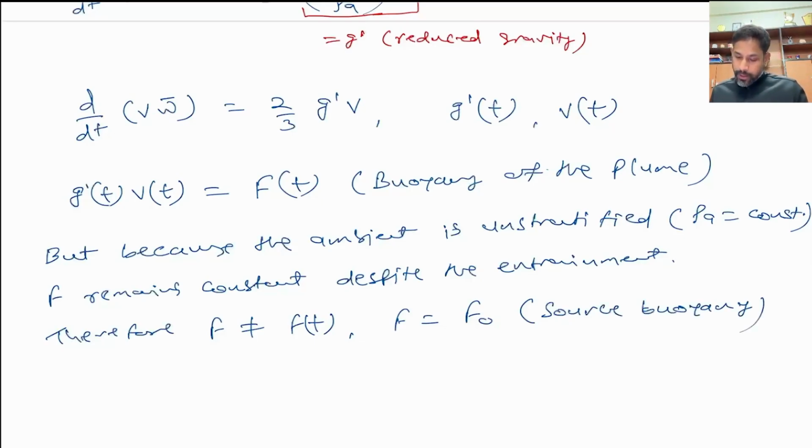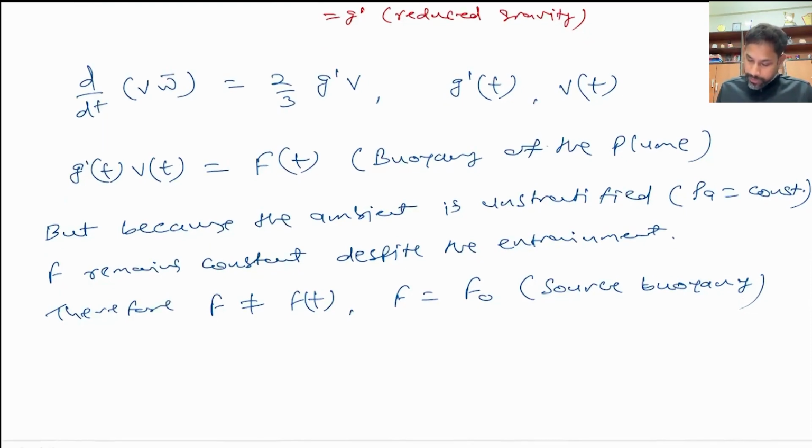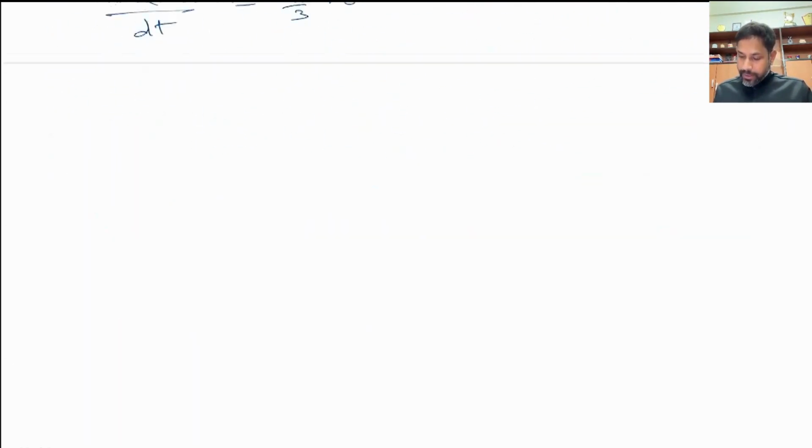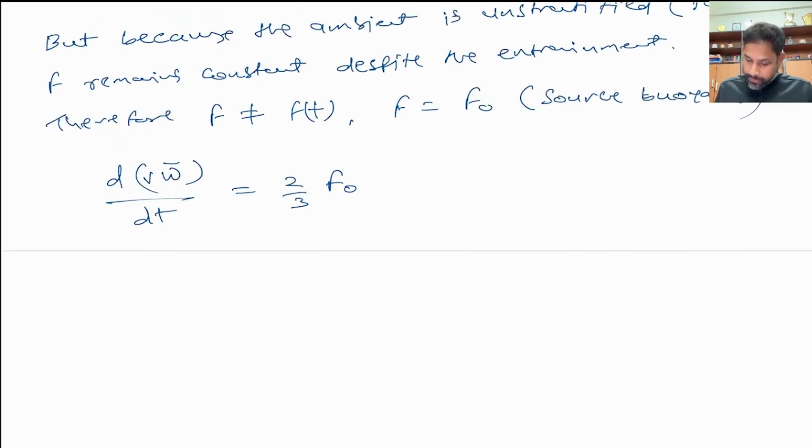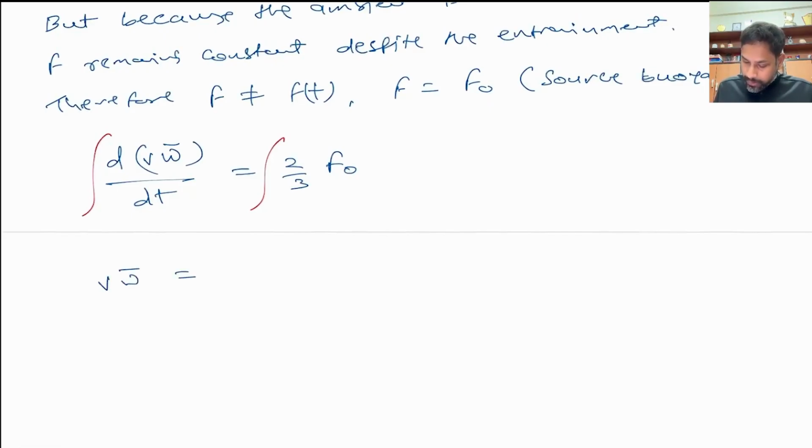Okay, which is basically the source buoyancy. All right, and that is why this equation that we have above can be written as d VW bar over dt is equal to 2 by 3 F naught, where that is a constant now, right? And this equation now if we integrate this basically will give us VW bar is equal to 2 by 3 F naught times T plus, let's say, C1.